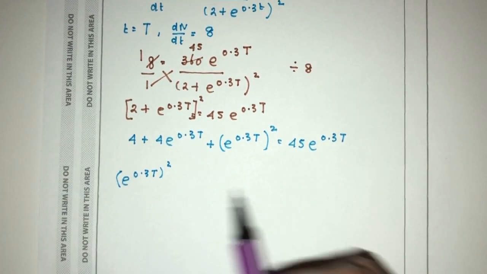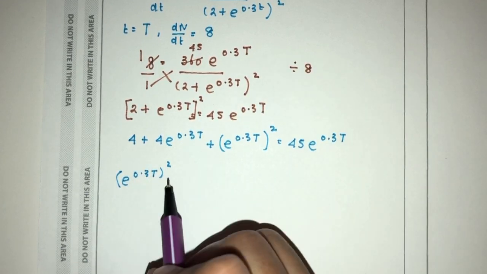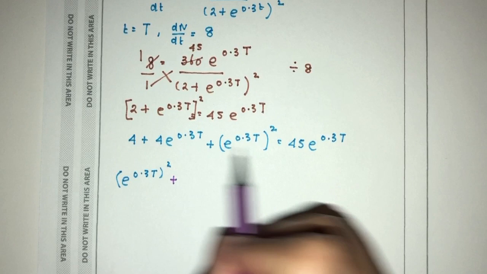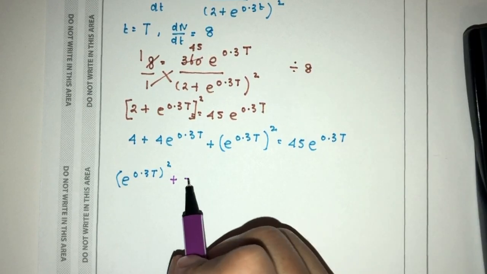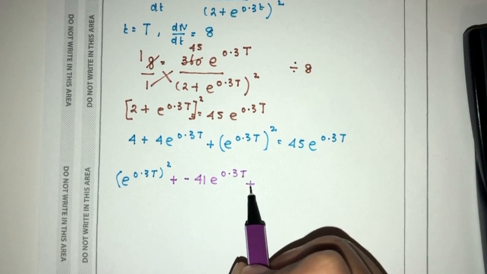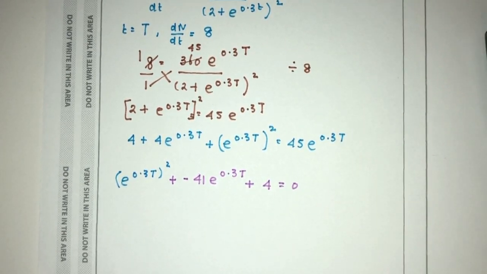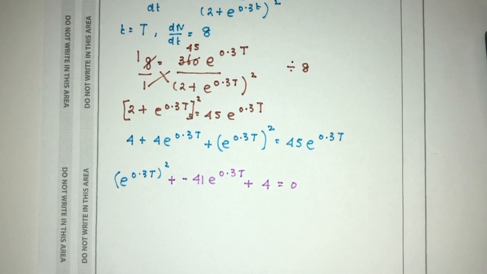So here we have this, and here we have what else? So that will be plus 4 here minus 45. That will be minus 41 exponential 0.3t, and plus 4 has to be 0. Now as you can see, we have a quadratic equation. So let me explain.